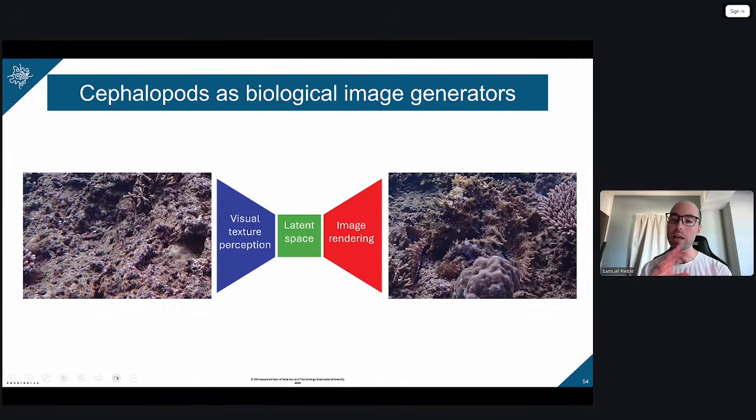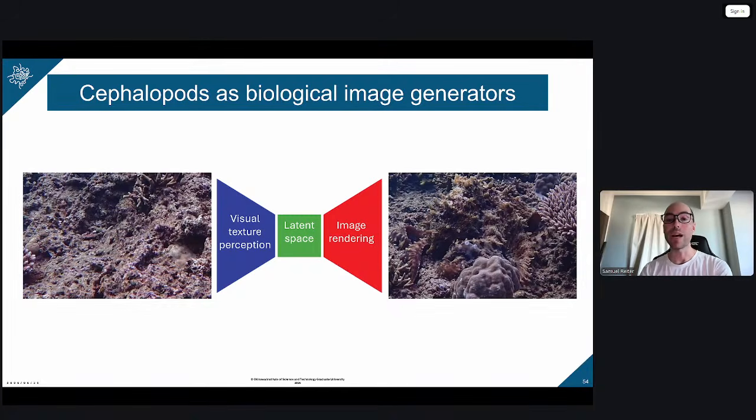So this is how our work on sleep has influenced our view of camouflage. We think of camouflage as when the animal sees the visual environment, and this visual texture representation is biasing this generative mechanism that we revealed during sleep for the animal to produce the correct skin pattern in that visual environment.